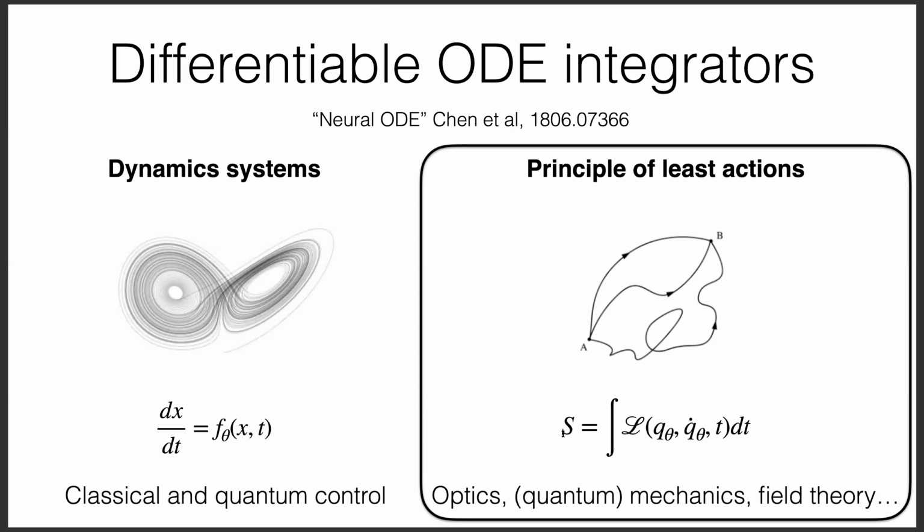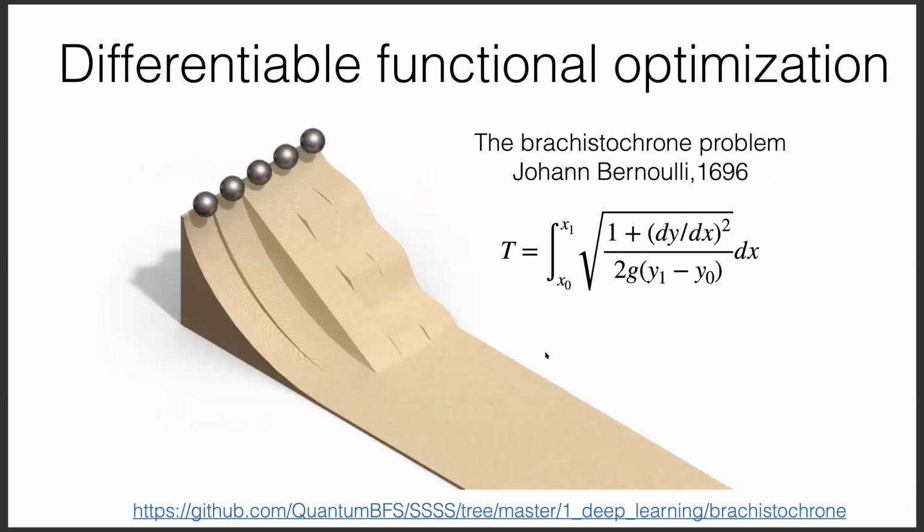And in the keynote version, there was this animation. I think the brachistochrone, or rapid descent problem, is one of the most famous functional optimization problems. Bernoulli solved that 300 years ago, but now with differentiable programming you can solve it.